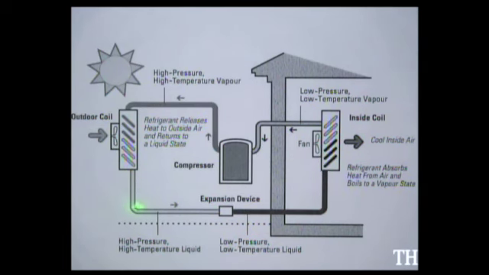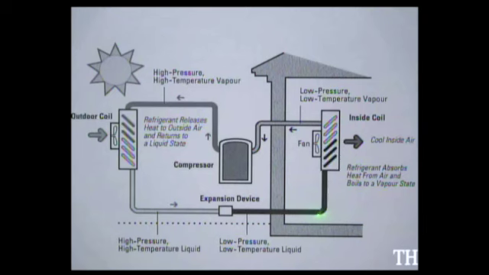Now it's going to be a high pressure liquid. Once it goes to the expansion device, which has a tiny little hole inside of it, it's a metering device, the liquid pressure then drops. Now it's a low pressure, low temperature liquid.